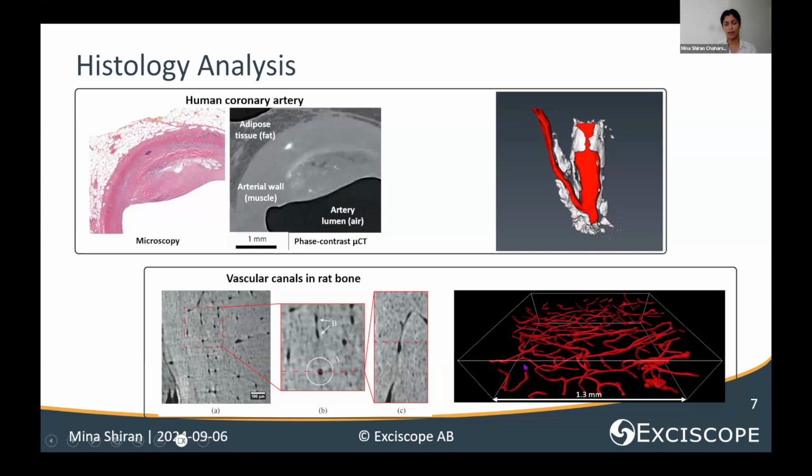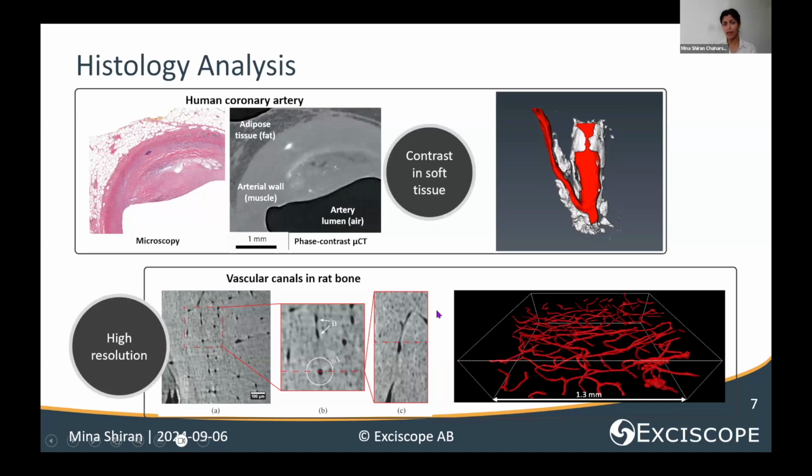And also you can run volume data on a specific component, which here is the vascular canals. So it can provide quite good information based on high contrast in soft tissues without staining, and it can also provide high resolution images as well as 3D volume and 3D data of the sample. So these are valuable data that one can get without destroying the sample.